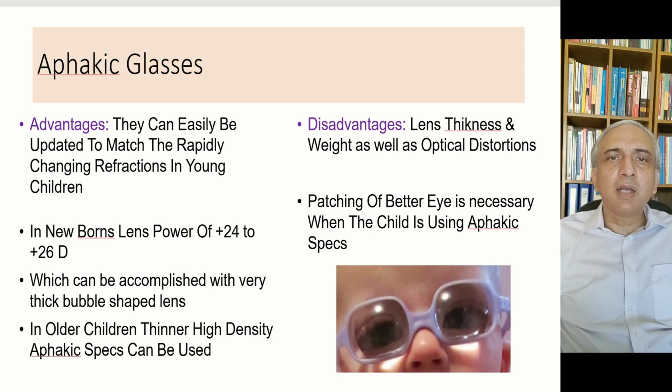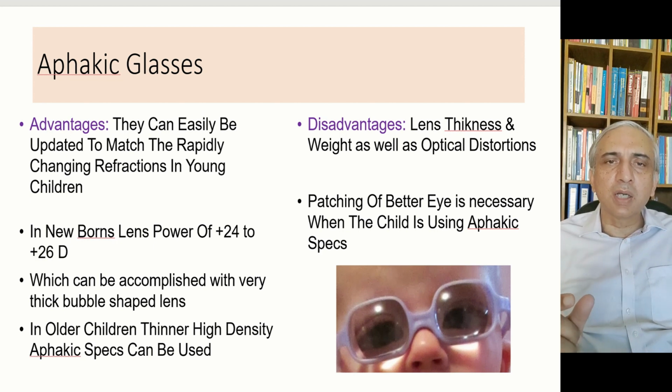The advantage of aphakic glasses is they can be easily updated to match the rapidly changing refraction in young children. In newborns, lens power of plus 24 to 26 diopters is available, which can be accomplished with thick bubble-shaped lens. In older children, high index glasses can be used to reduce the size of the lens.